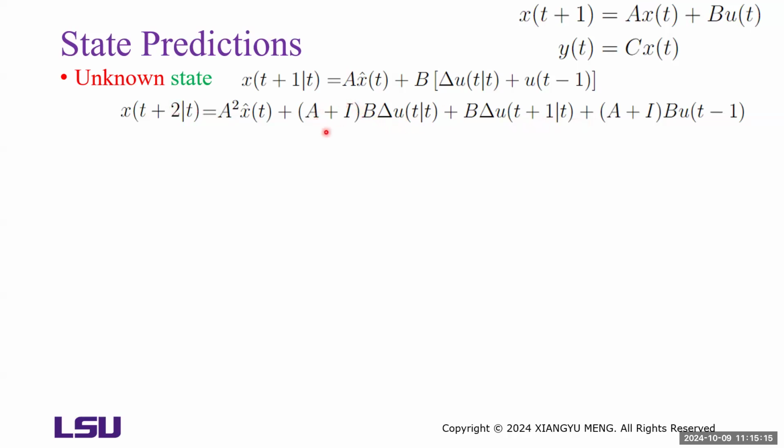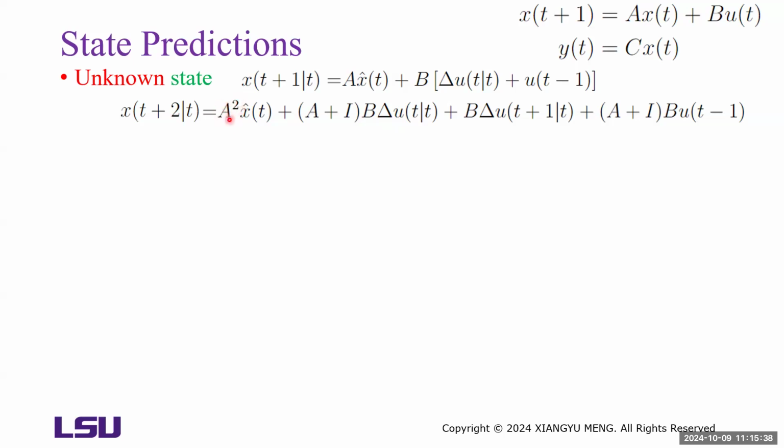Then for the coefficients, we always have a B here. The coefficient will be A plus I, and this A is one order less than this A to the power of k.